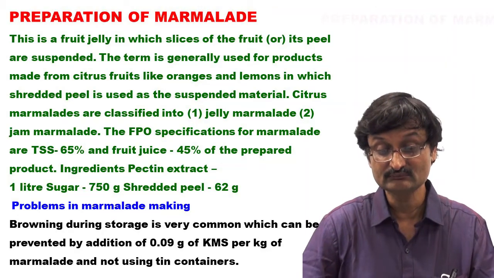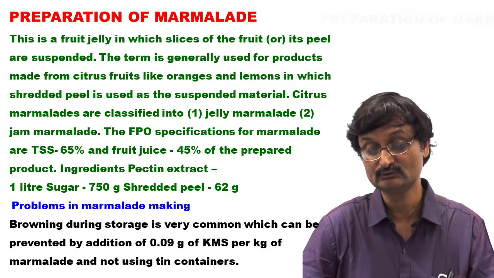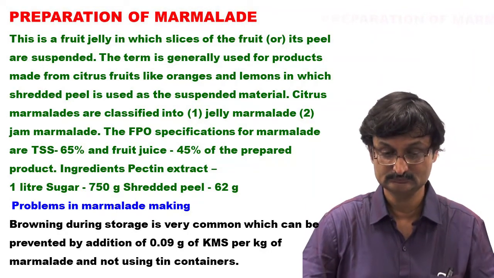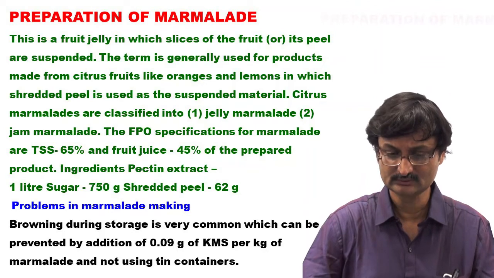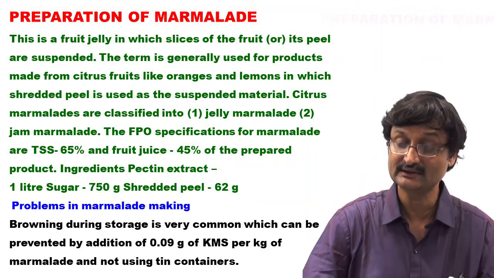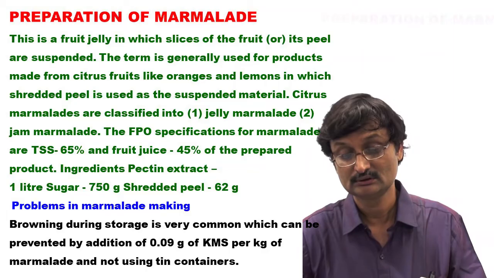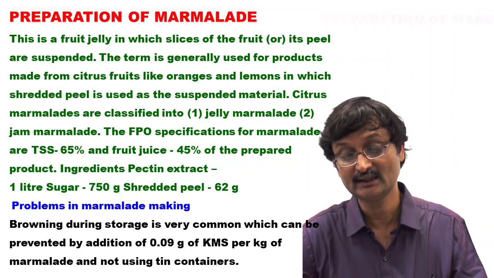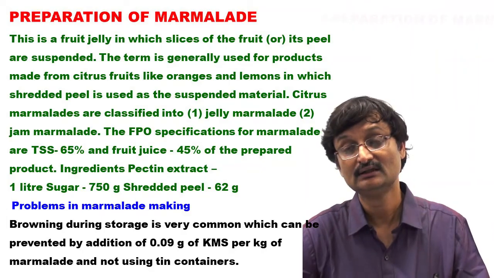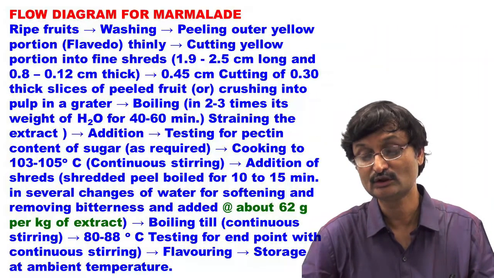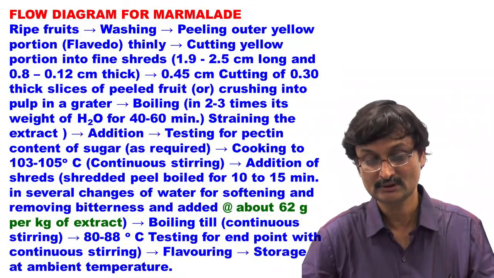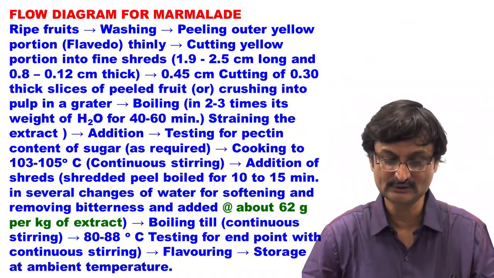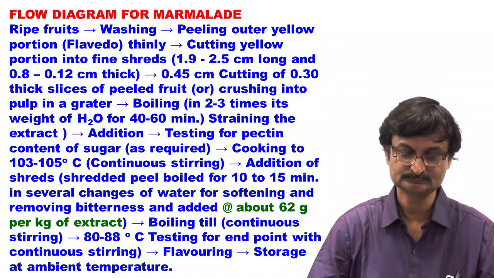This is the ingredient: for 1 liter of pectin extract, 750 grams of sugar is added, and shredded peel at the rate of 62 grams per liter of pectin extract is added to the product.